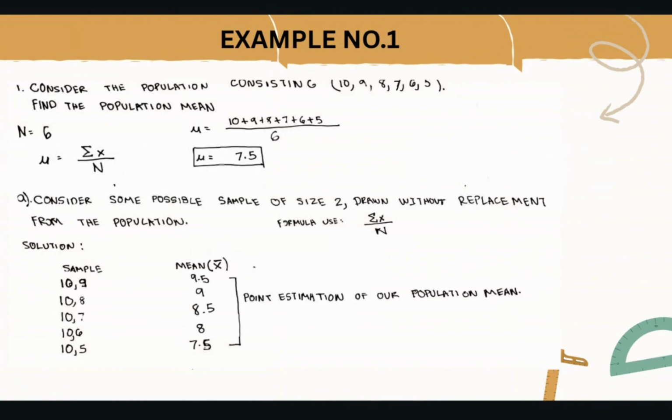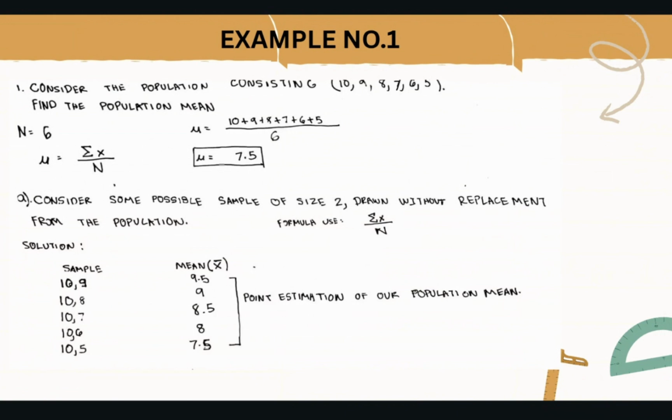We are going to use the formula for the mean, which is the summation of X over N. We compute it using the given values, 10, 9, 8, 7, 6, 5, and divide by 6 because there are 6. Then if we compute it, we get a mean of 7.5.